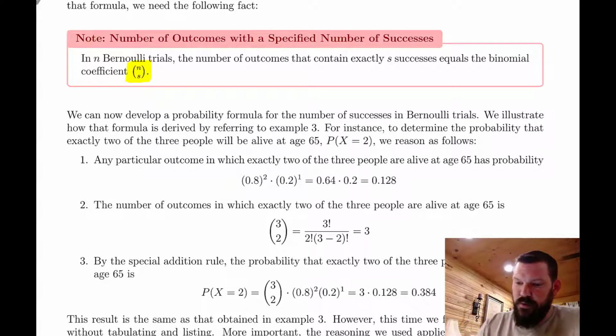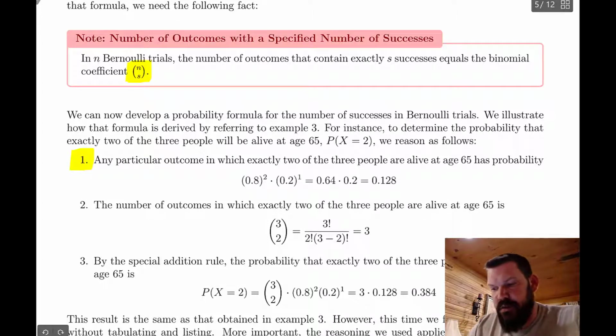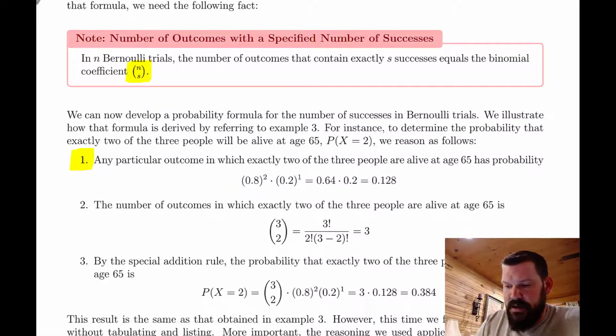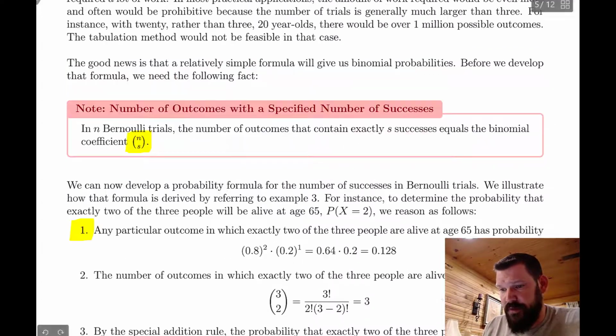So when we look at the information that we had from the previous example, any particular outcome in which exactly 2 of the 3 people are alive at age 65 is going to be 0.8 to the second power times 0.2 to the first, which we end up with 0.128.